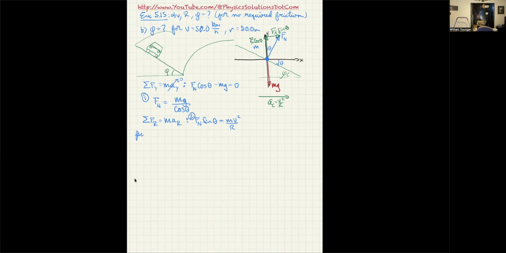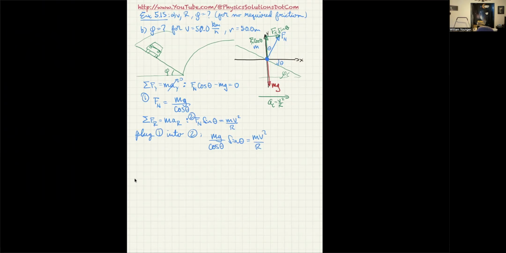So plug 1 into 2 yields the following: mg over cosine theta times the sine of theta is equal to mv squared over r.